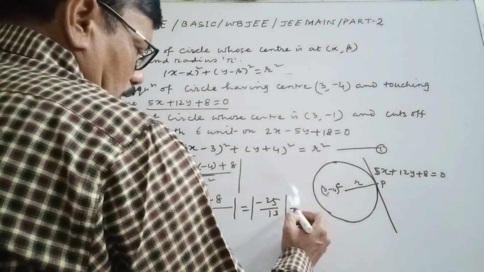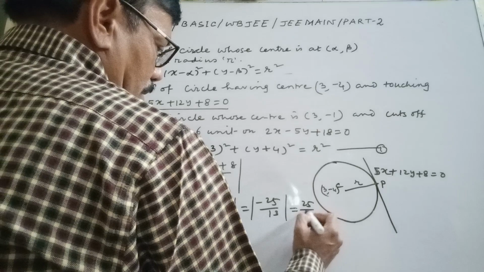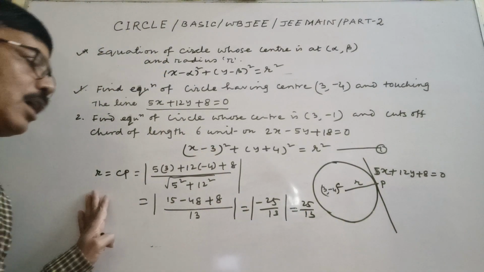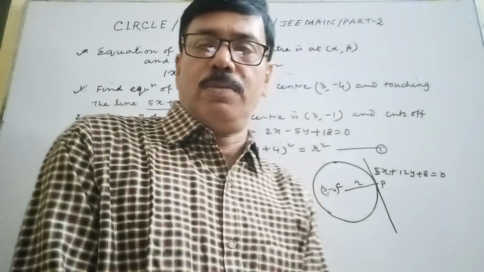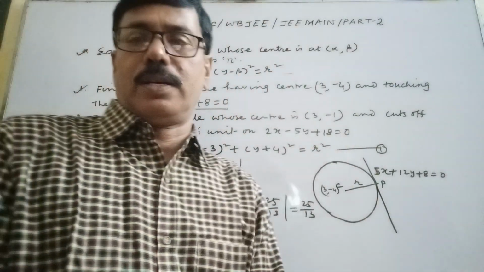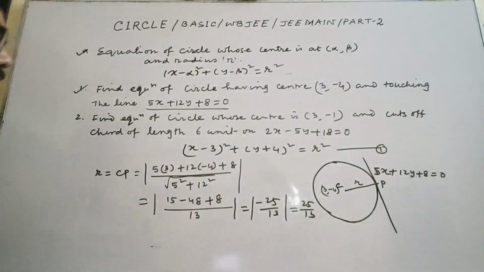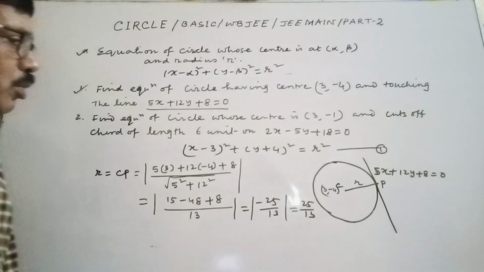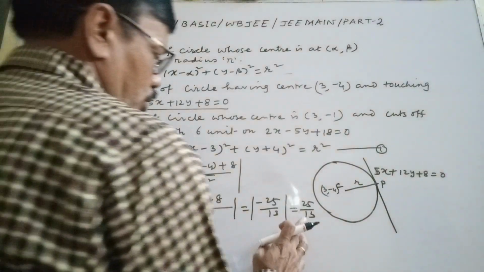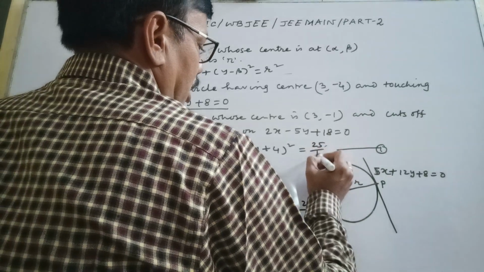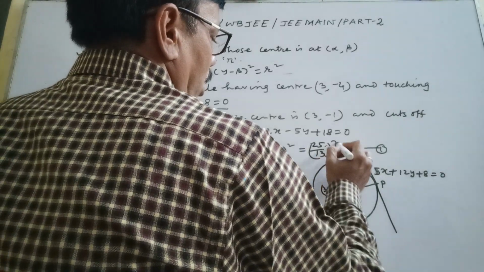If we take mod, we are getting r equals 25 by 13. So what will be the equation of circle? Put value of r. So equation of circle is (x minus 3) whole square plus (y plus 4) whole square equals to (25 by 13) whole square.